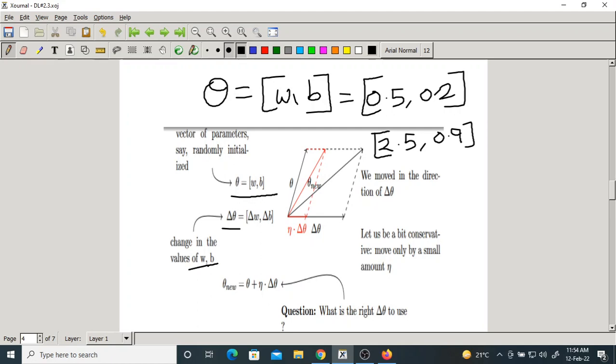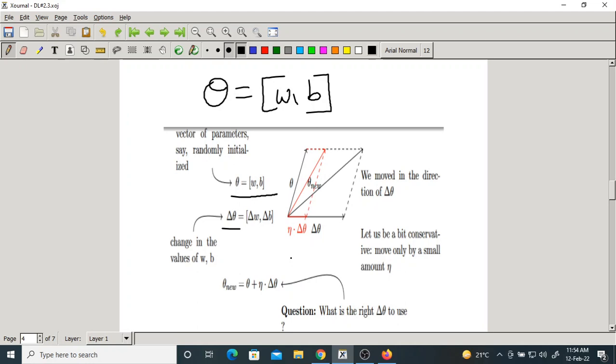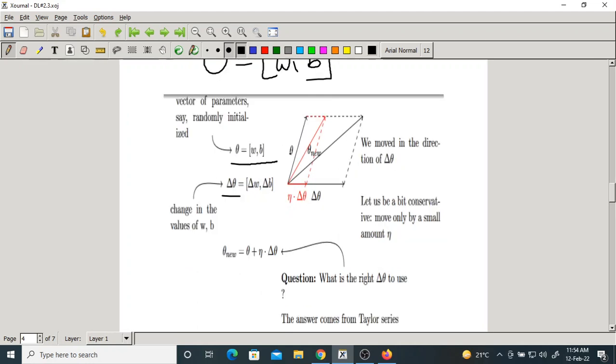We have written this in vector form. So this is delta theta, this is theta. Now the resultant of these two is theta new. What exactly happened here?